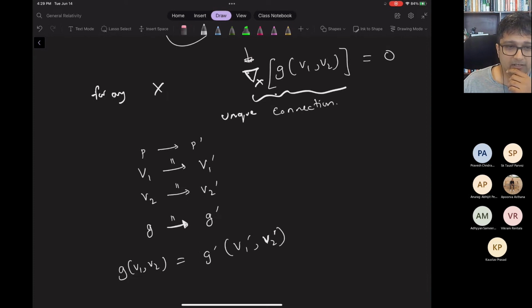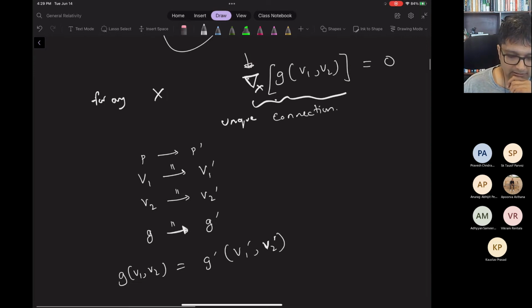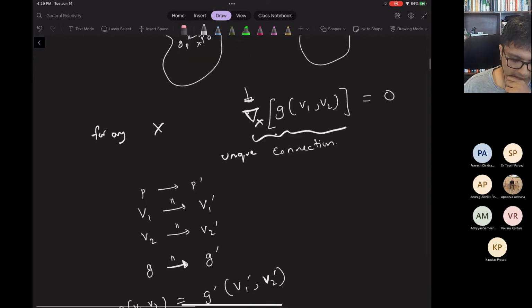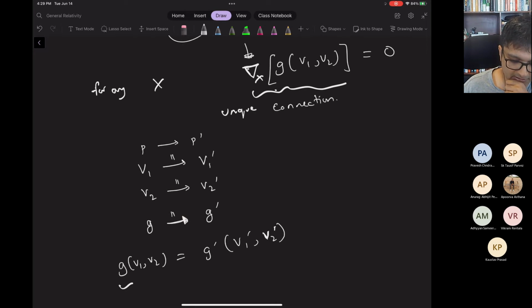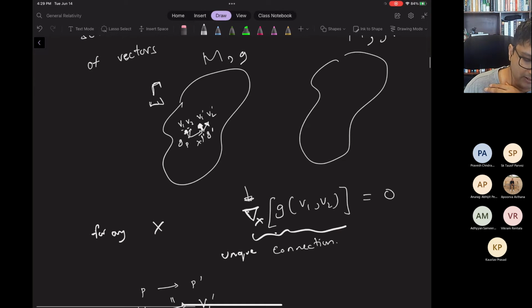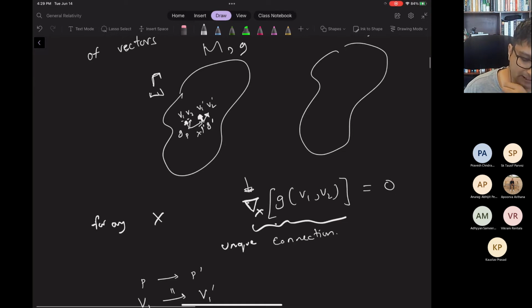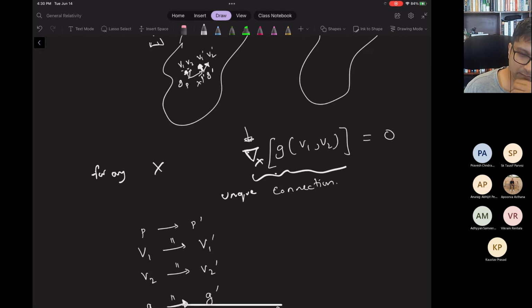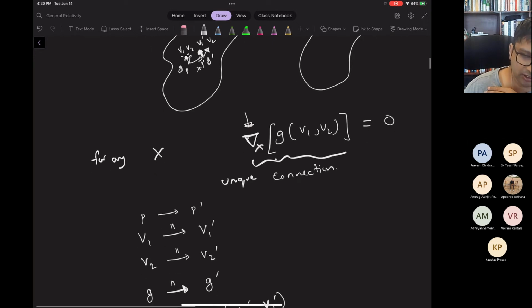But the important point here is that this map from P to P prime is a path dependent map. This is path dependent because parallel transport depends on the path that you take, in general, on a curved space.